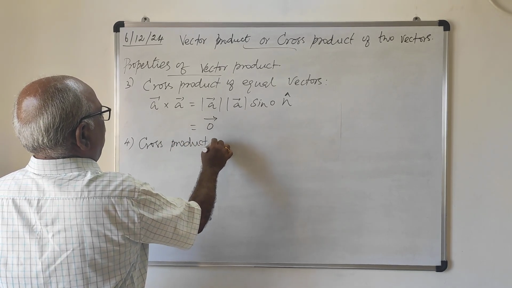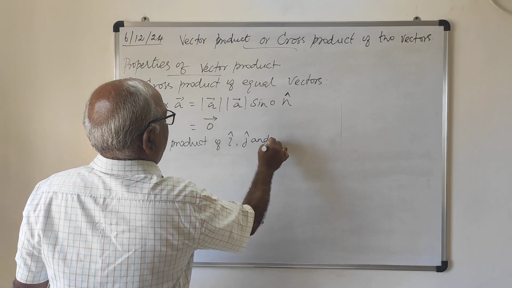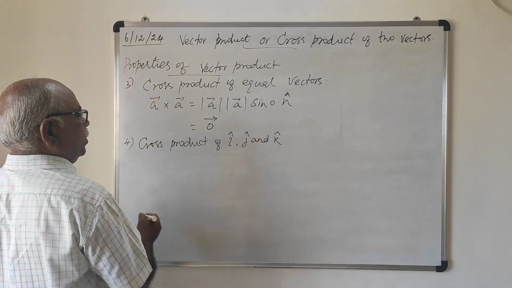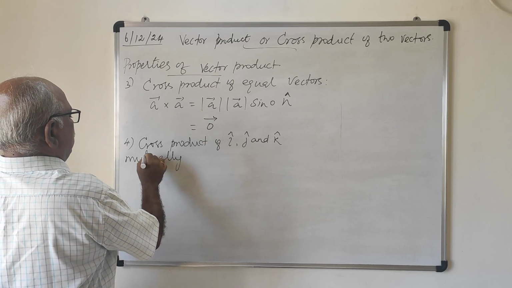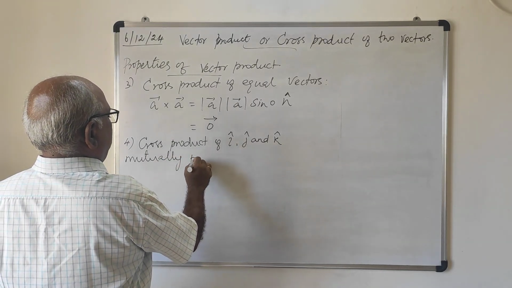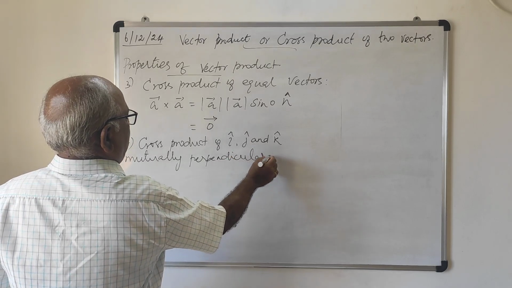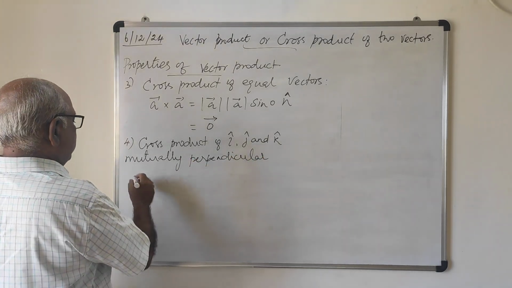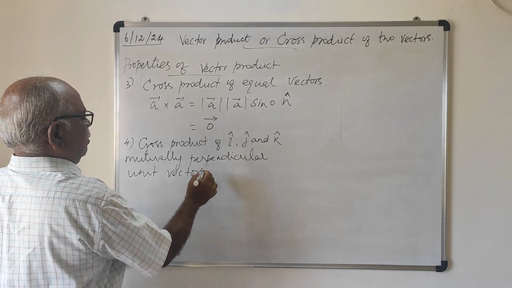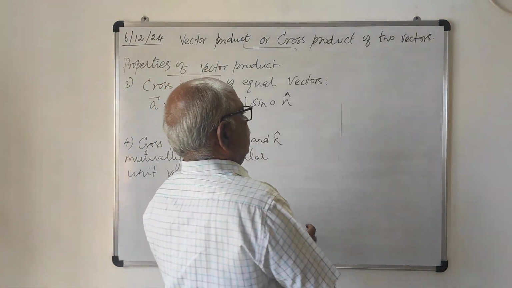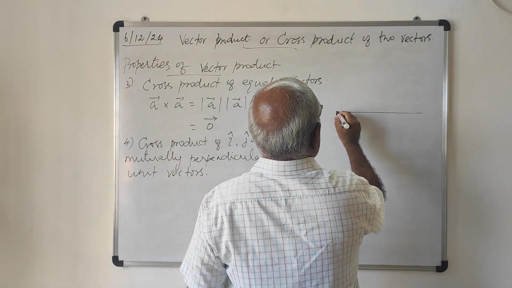Cross product of i, j and k, mutually perpendicular unit vectors. So you know the coordinate system.